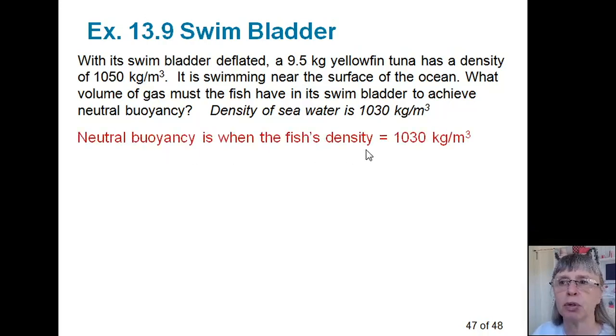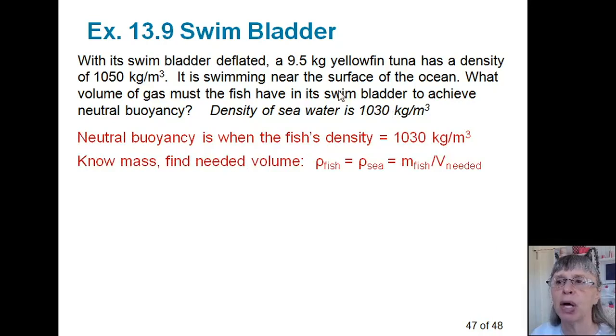Right, so as I said, neutral buoyancy is when the fish density equals that of the water, 1030. And we know the mass of the fish, so we need to find his volume. We want the density of the fish to be equal to the seawater when he's neutrally buoyant, and that's going to be equal to the mass of the fish divided by the volume that his body needs to have.